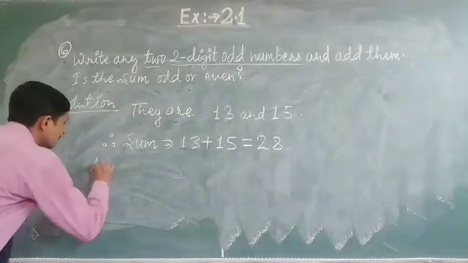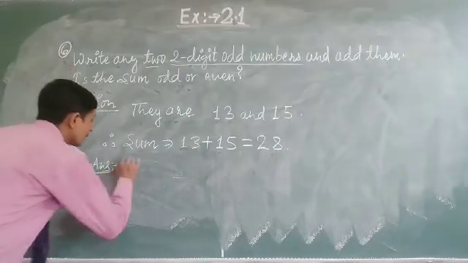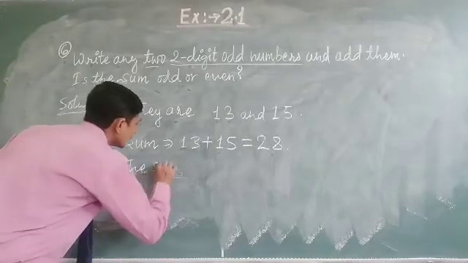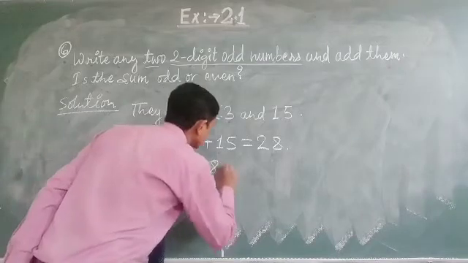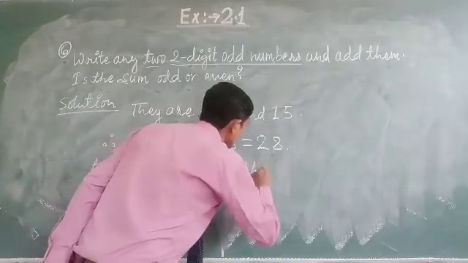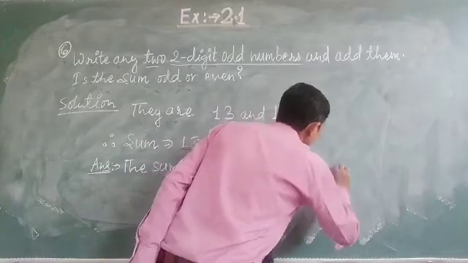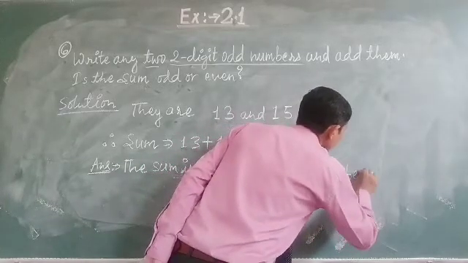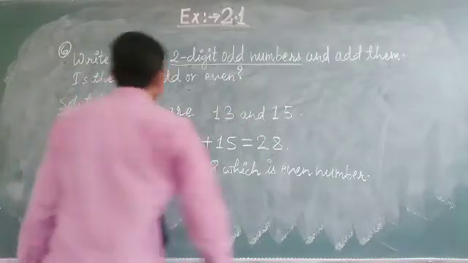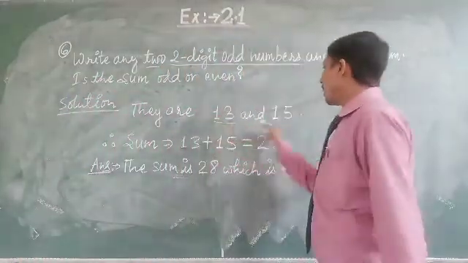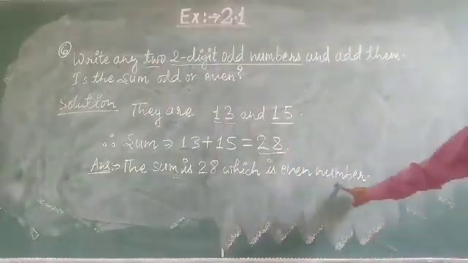So our answer is the sum is 28, which is an even number. So in this way we can say when we add two odd numbers the result is always an even number.